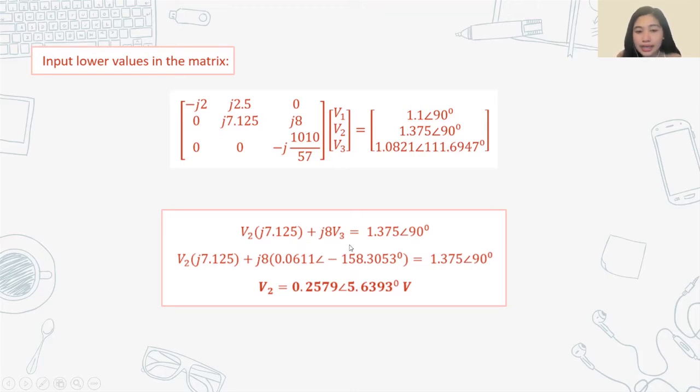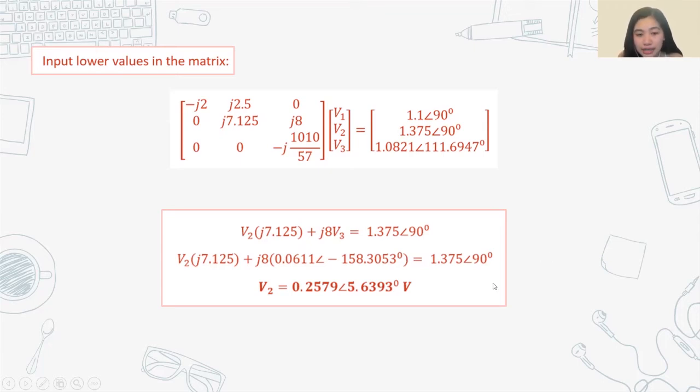So what happens is that our V3 has a value. Substitute that value over here and perform the operation. The plus sign, we move to the other side, or just subtract both sides by J8 times 0.0611 at an angle of negative 158.3053 degrees.